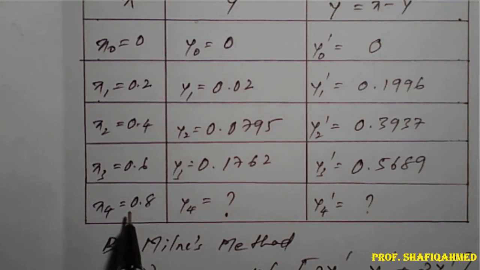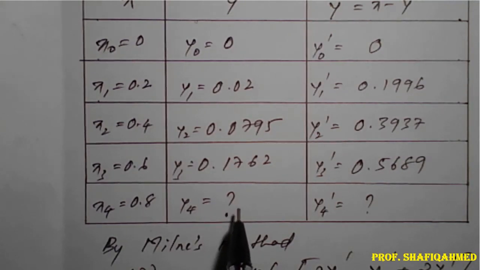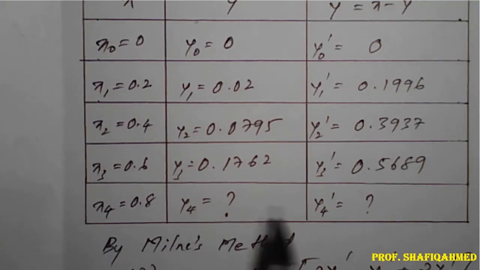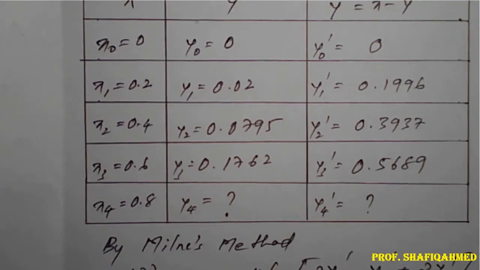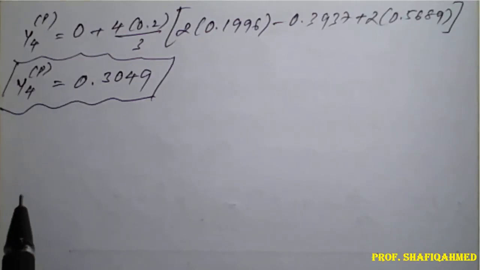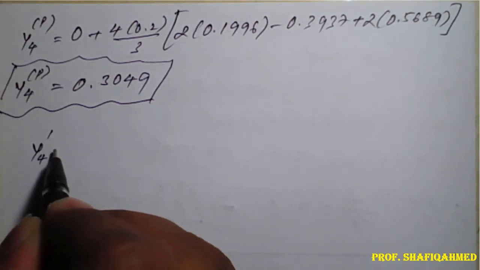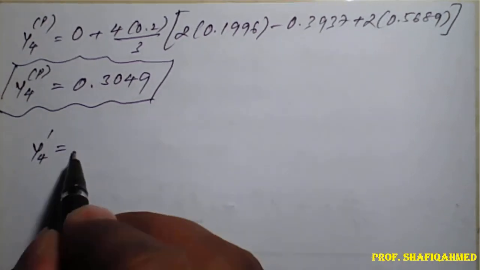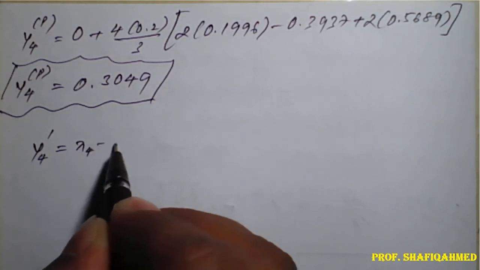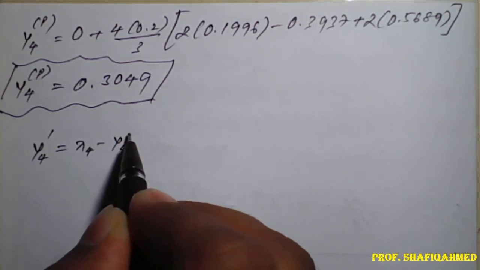Therefore x value is 0.8, and just now we have calculated the y4 prediction value, that is 0.3049. With the help of the x and y values we'll calculate y4 dash. So y4 dash is nothing but x4 minus y4 square.